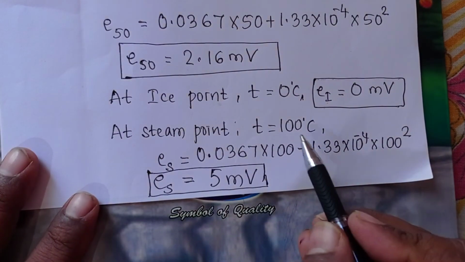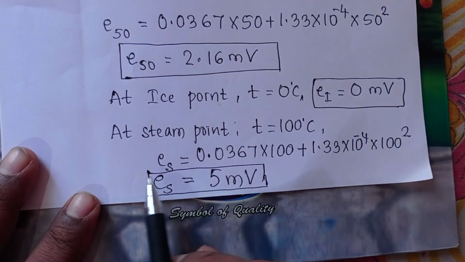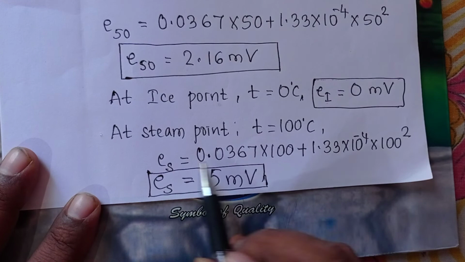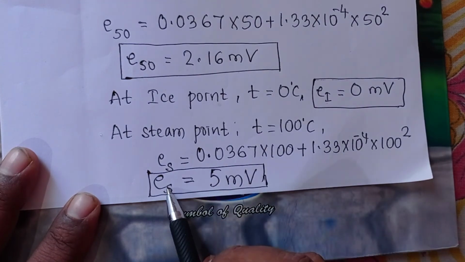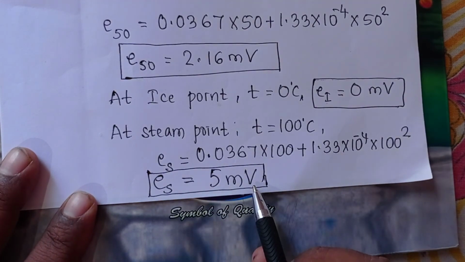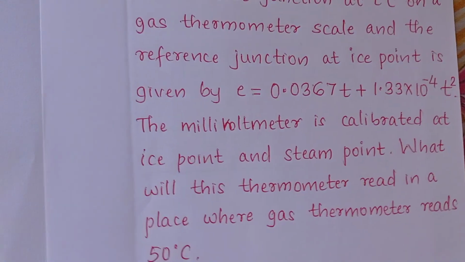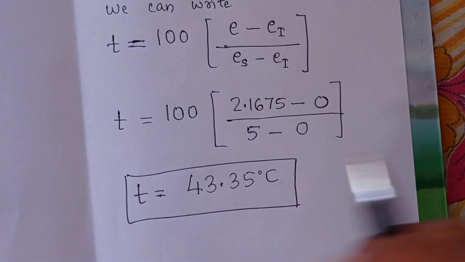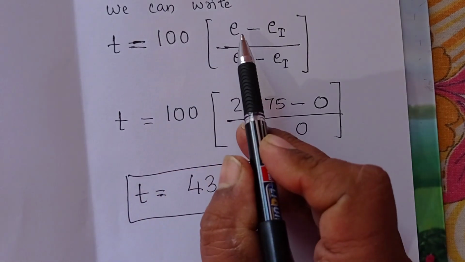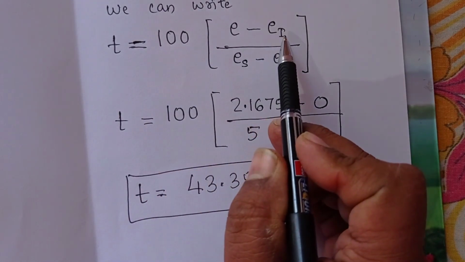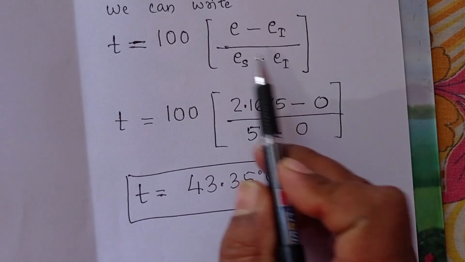Then at steam point, if I substitute in the governing equation, I will get the value of ES as 5 millivolts. Then we know the linear equation, that is T is equal to 100 into bracket E minus EI divided by ES minus EI.